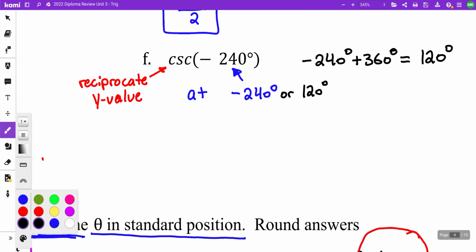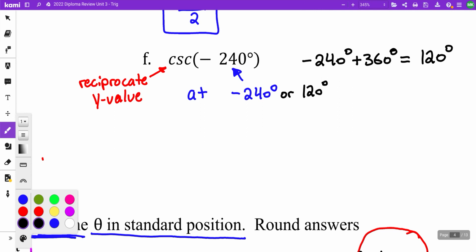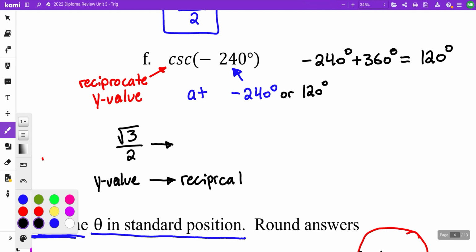I go to my unit circle. I look for 120 degrees. The y value is root 3 over 2. That's the y value. We need to reciprocate that. Right? We need to flip it. That's how you spell reciprocal.